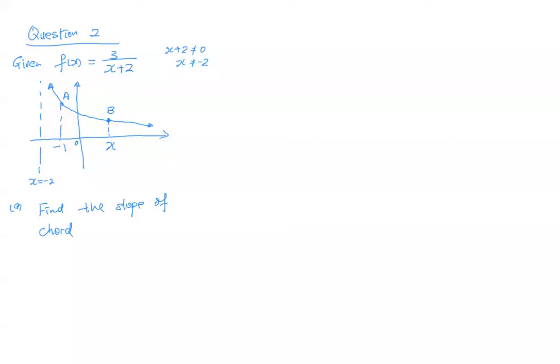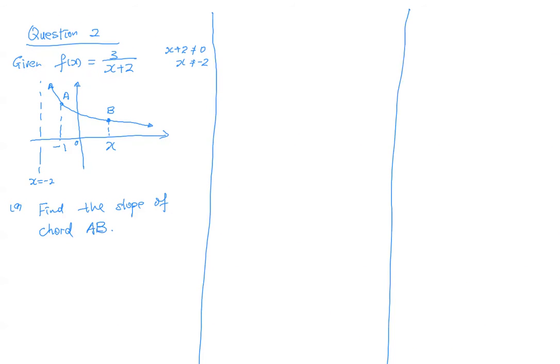I give. Oh, okay. Find the slope of chord AB. Okay, start. The second part I will give later. So you have to find the coordinates of A and B first.